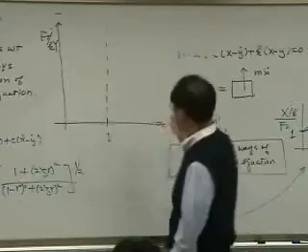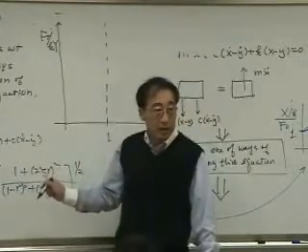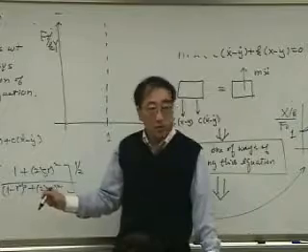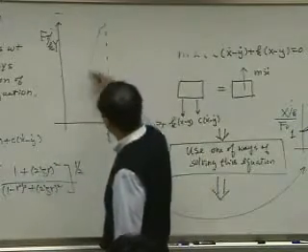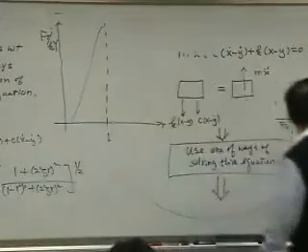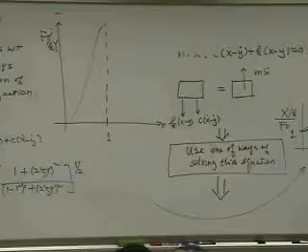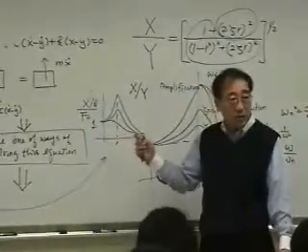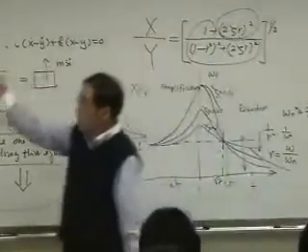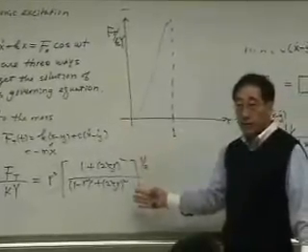When R goes to 0, the whole term rapidly decays. So the rate of decrease in amplitude is very rapid compared with this. This slowly decays as R goes to 0. But this rapidly decays as R goes to 0.